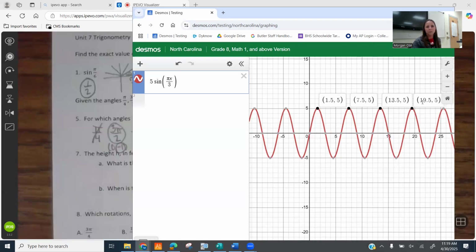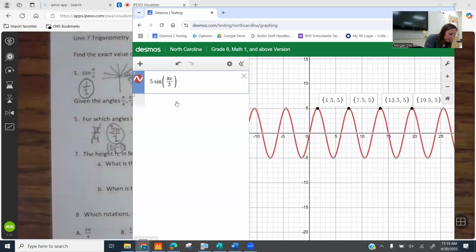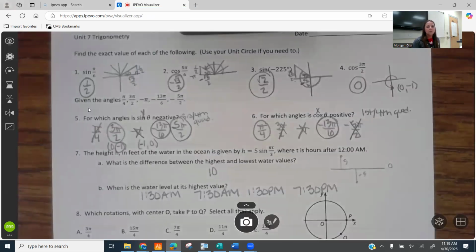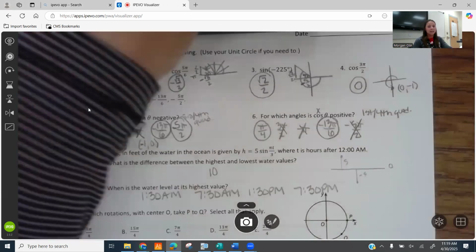Think about this for a second. When I add 12 on the 12, that's 12, but then I'm adding 7.5 more. So that's going to be at 7:30 p.m. So these are all the times when the water level is at its highest value.